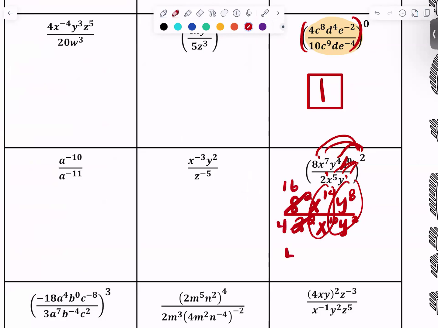So 16 divided by 4 is 4, and the 16 is bigger, so it's on the top. Then you have 14 minus 10, so that's x to the 4, and the 14 is bigger, so it's on top. And y to the 8th minus y cubed is y to the 5th. If everyone's on top, then you don't need anything on the bottom.